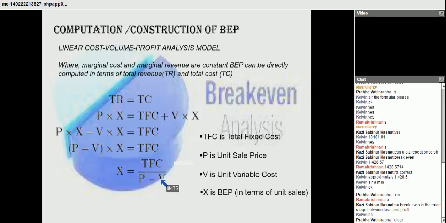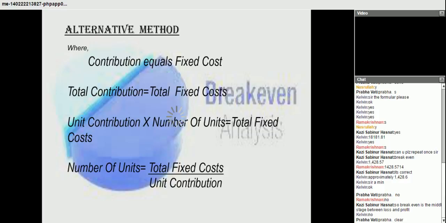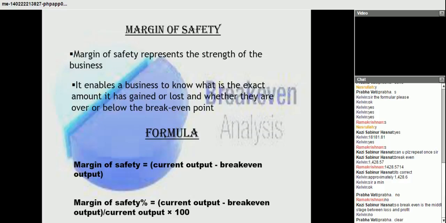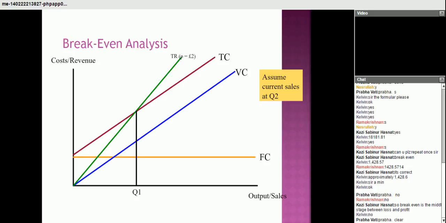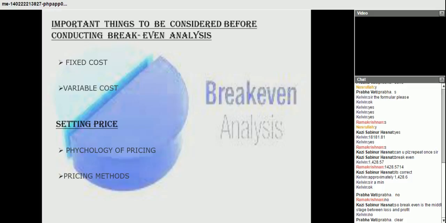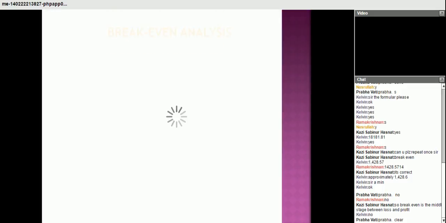This is the formula I already told you. This is how they have derived this formula. Right, so this is the graph. Nothing much important.